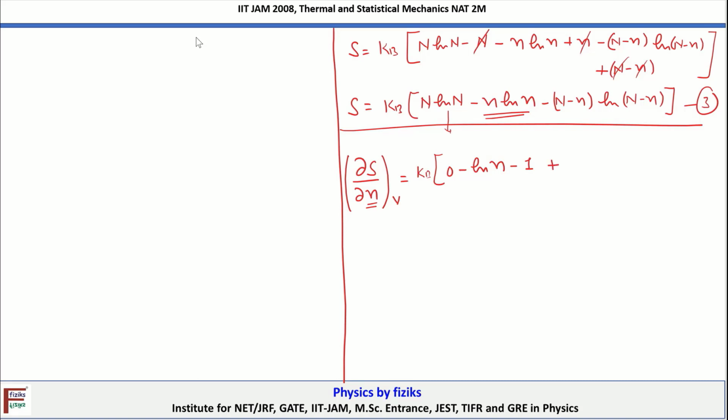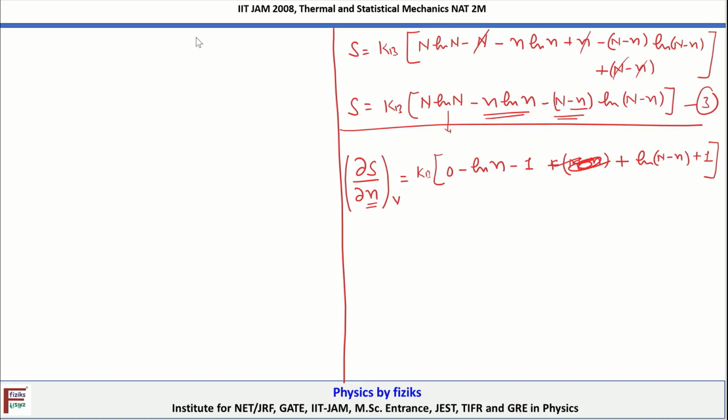Plus from here, ln of capital N minus n, minus 1. Because here we will have minus, and when we differentiate this minus n with respect to n, minus 1 will be there, so minus minus will become plus. Ultimately we will be left with ln of N minus n, and then we will have another factor of plus 1, that will come from this term while doing differentiation with respect to small n.